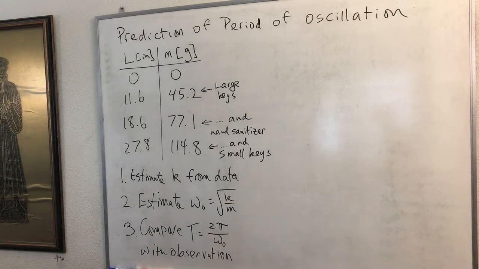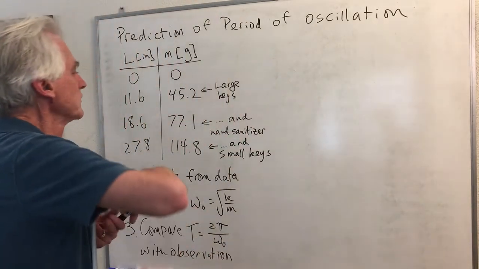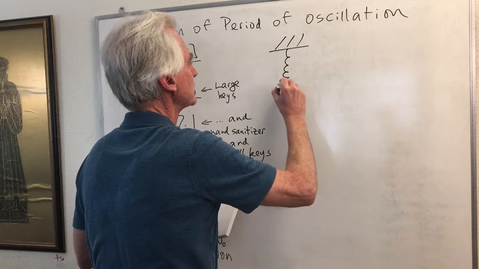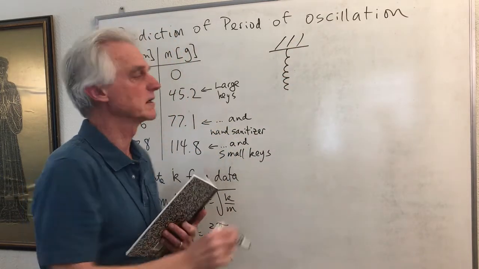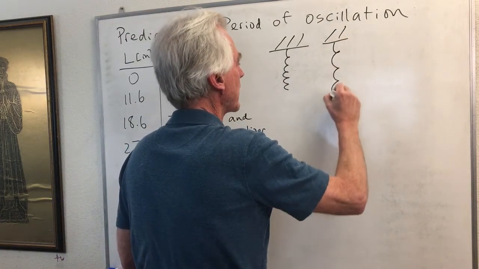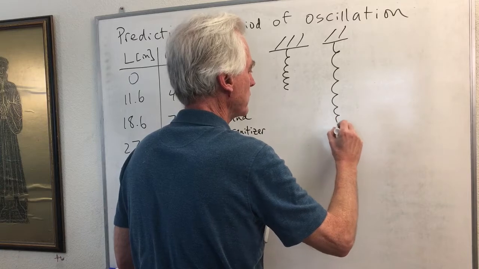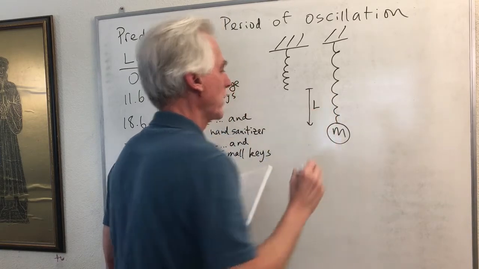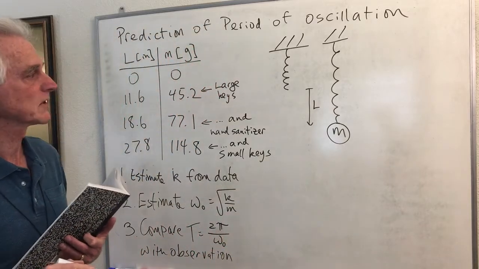All right. So I'm going to draw a little symbolic picture here. Here's the roof, and here's the little spring, and there's no mass on the spring. And then when I put a mass M on it, it stretches down by a distance L. Okay?